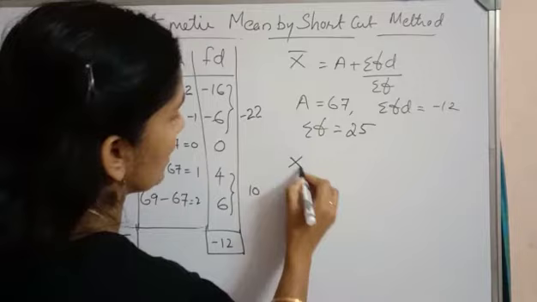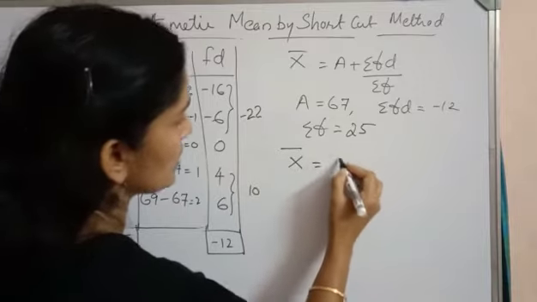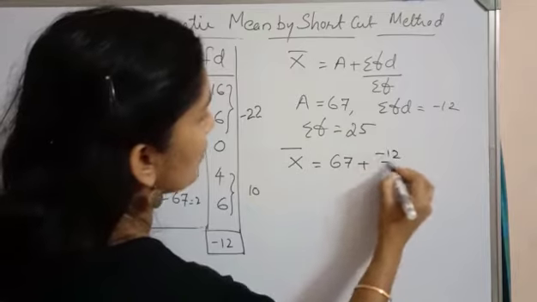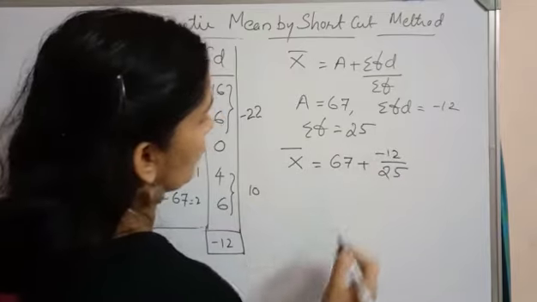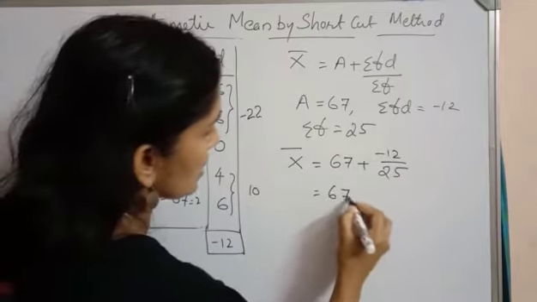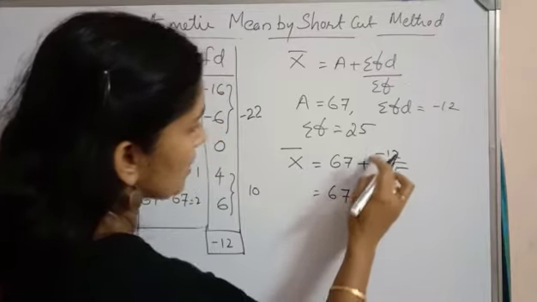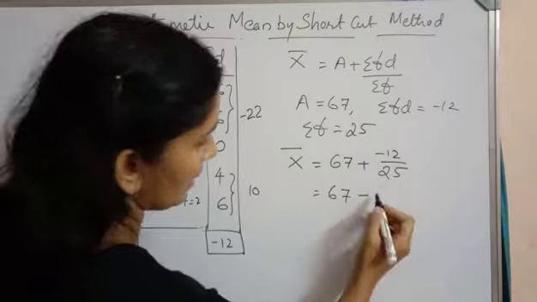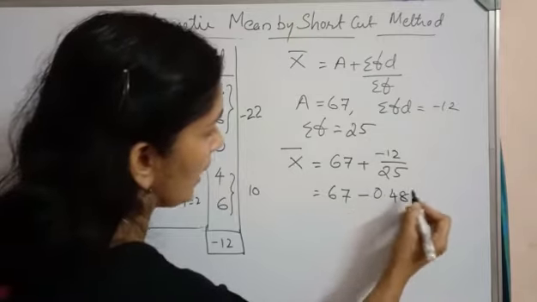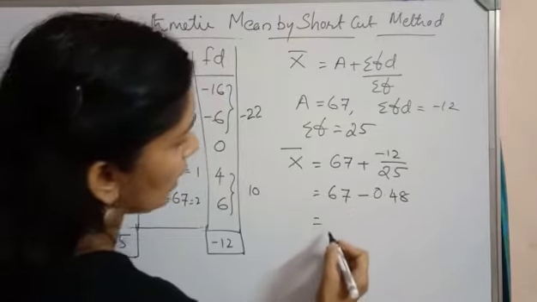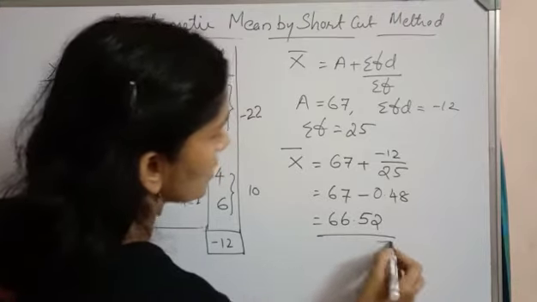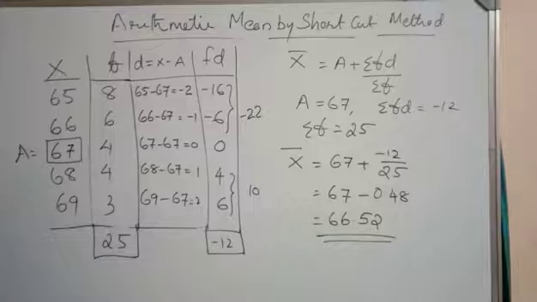Substitute the values, you'll get x bar is equal to 67 plus minus 12 divided by 25. So that's equal to 67, this becomes minus, plus into minus is minus, 12 by 25. When you divide, you will get 0.48. So you will get this value as 66.52. This is your required arithmetic mean.